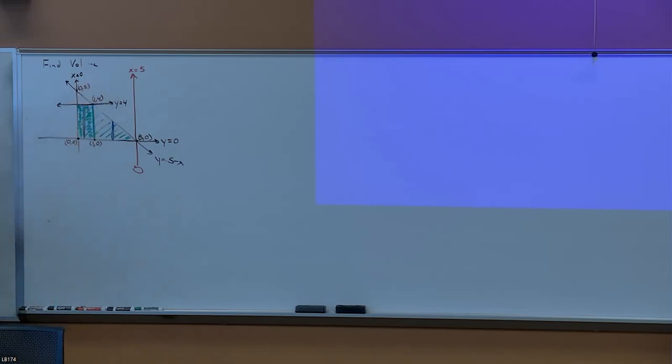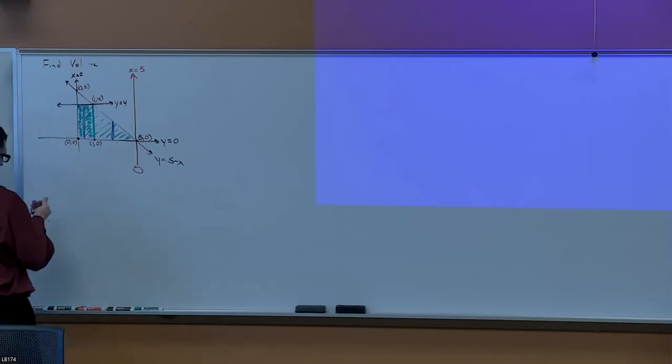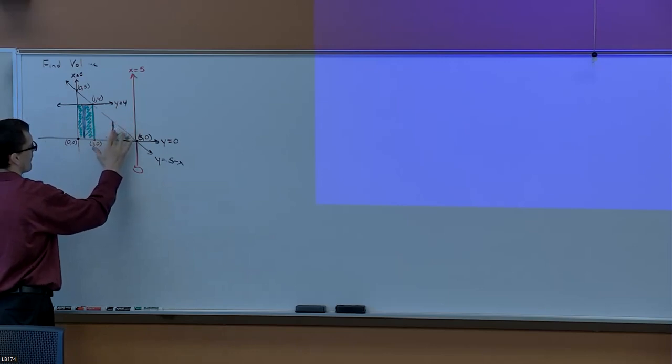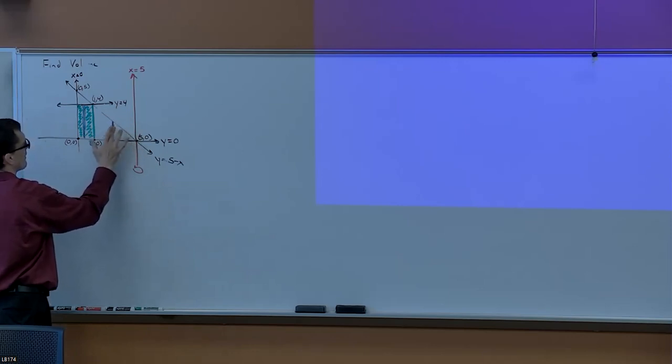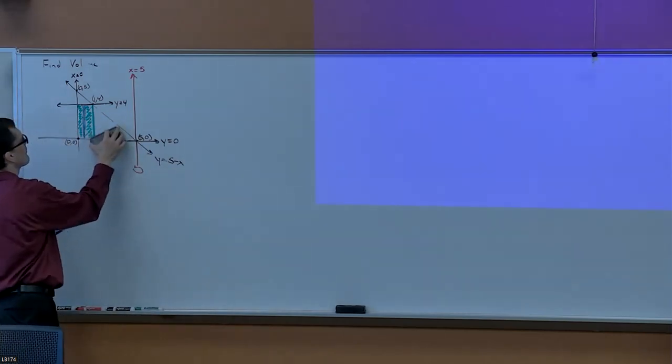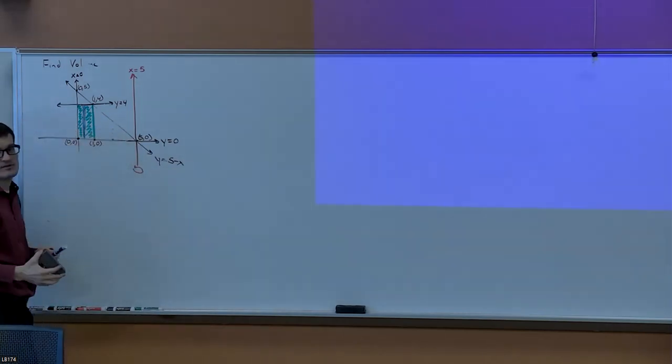Okay. So option 1 is to create two different regions and add those up. You can see one of the regions right there.